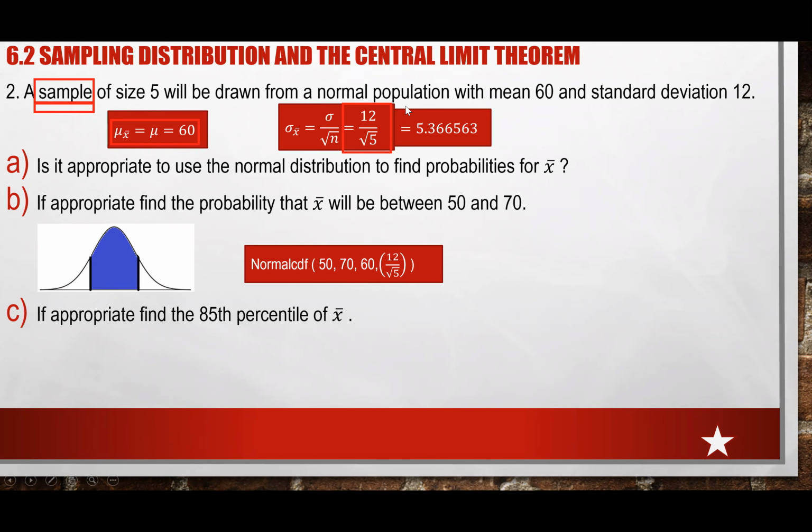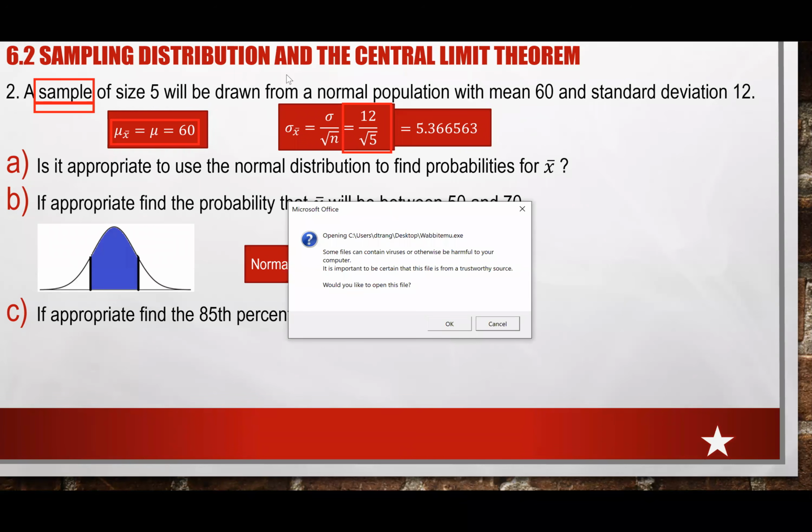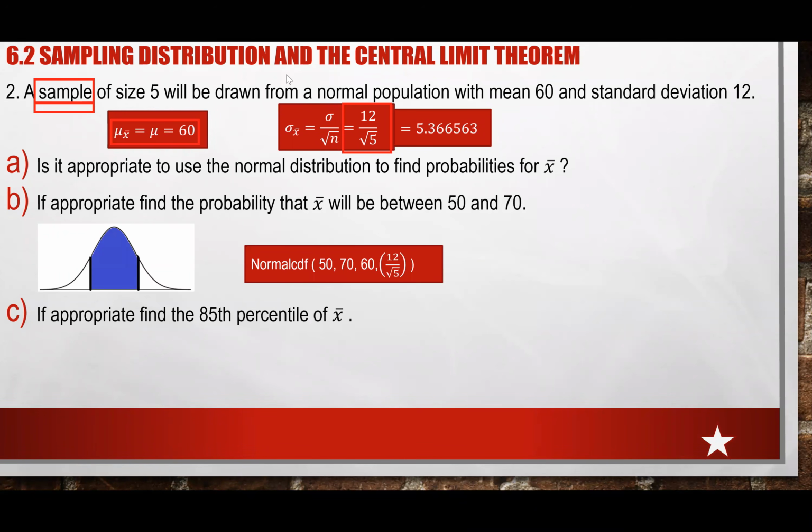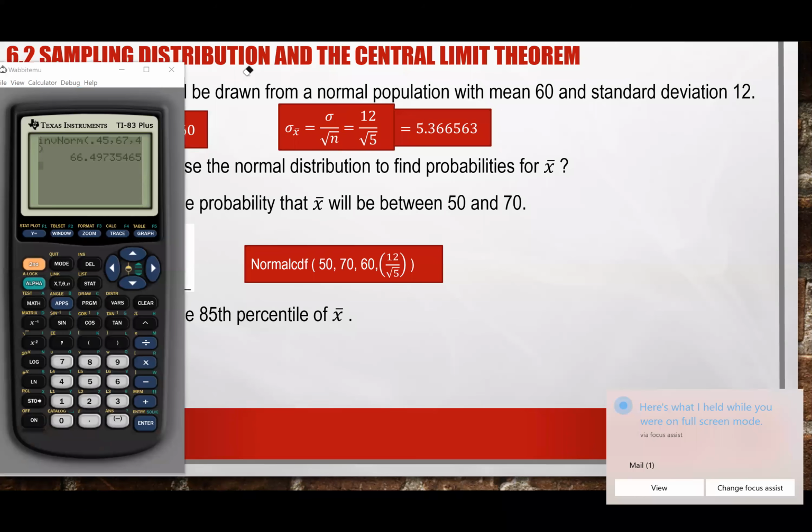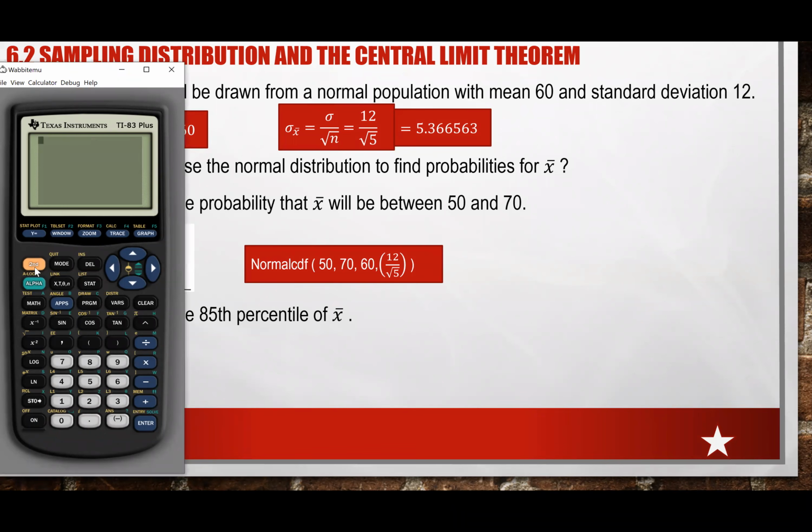And if you were to do this, ladies and gentlemen, you can type it the way that you see it on the screen. So you type second VAR, normal CDF, and again, looking at this item, we have 50, comma, 70 as the upper limit, comma, the mean is 60, comma.